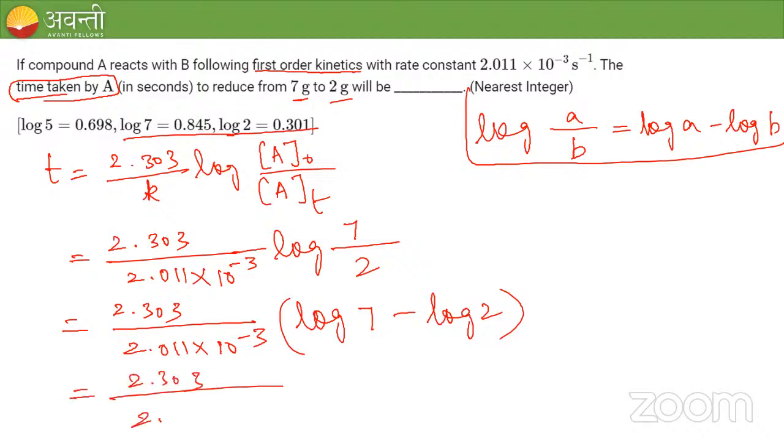Log 7 is 0.845 and log 2 is 0.301. So subtract these two, multiply with 2.303, divide with the given rate constant value, and try to find out the correct answer. Has anyone got the answer for this question?